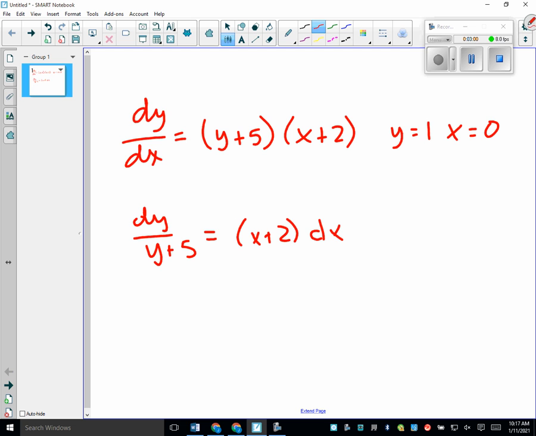Take the antiderivative. Do you know what the antiderivative of this is? Do I need to do u du? If I'm not sure, I usually do it.